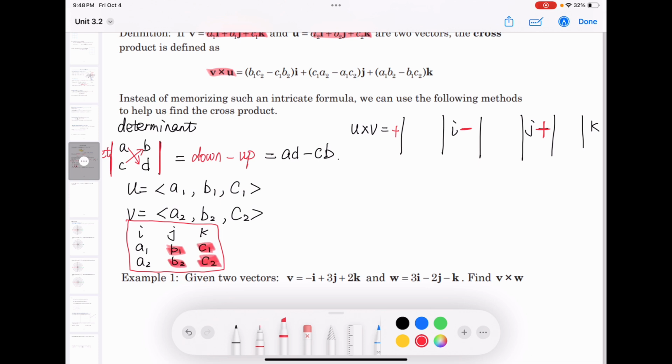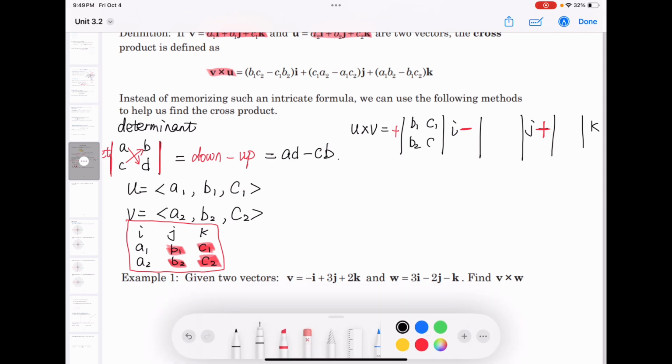You can ignore the vertical line of the I and the horizontal line of the I. Then you have the leftover B sub 1, B sub 2, C sub 1, C sub 2, and also you need to multiply by I. So let's put them here. They are B sub 1, C sub 1, B sub 2, C sub 2.